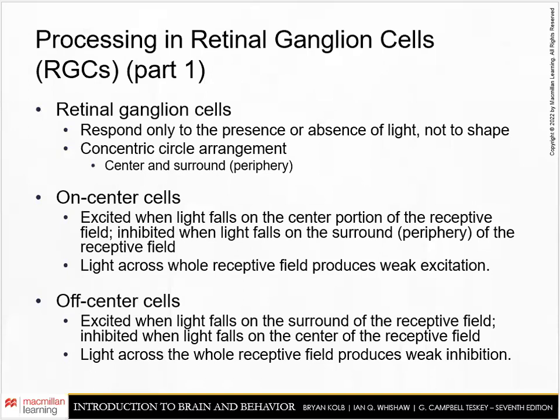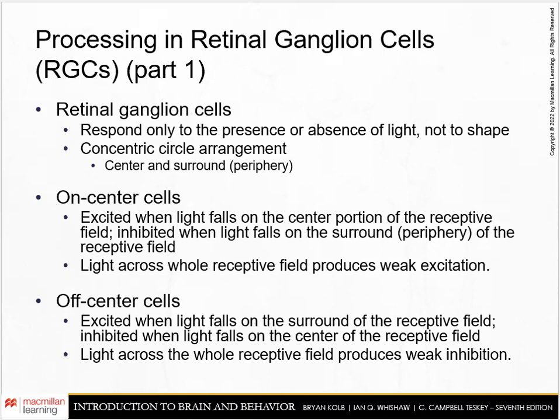Then there are these retinal ganglion cells that we talked a little bit about in the previous lecture. These respond only to the presence or absence of light, not to shape. They have a concentric circular arrangement where there's a center and a surround or a periphery. There are the on-center cells, which are excited when light falls on the center portion of the receptive field.